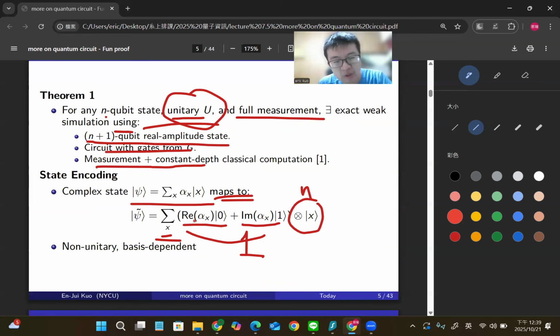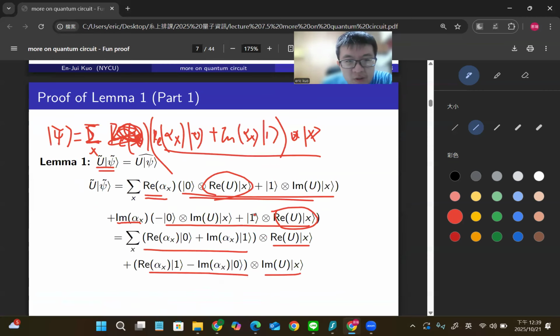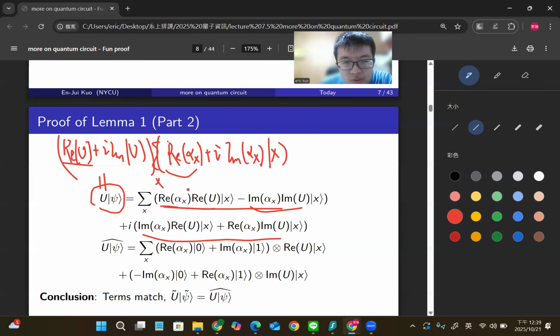We take the real part using 0, and the imaginary part using 1. So this is real, so we use extra 0 here, and 0 here, and extra 1 here, and then we neglect this i.